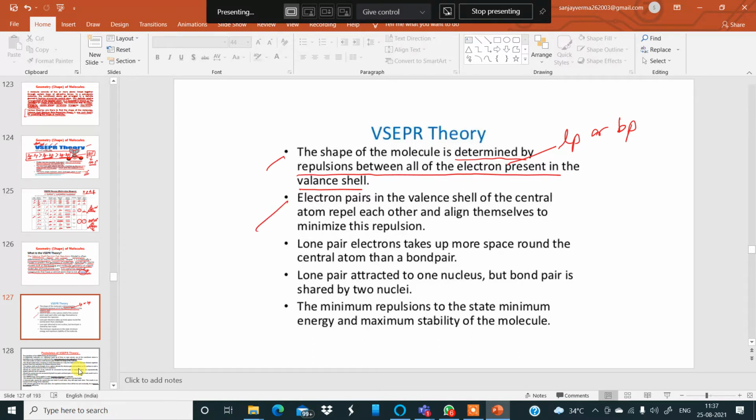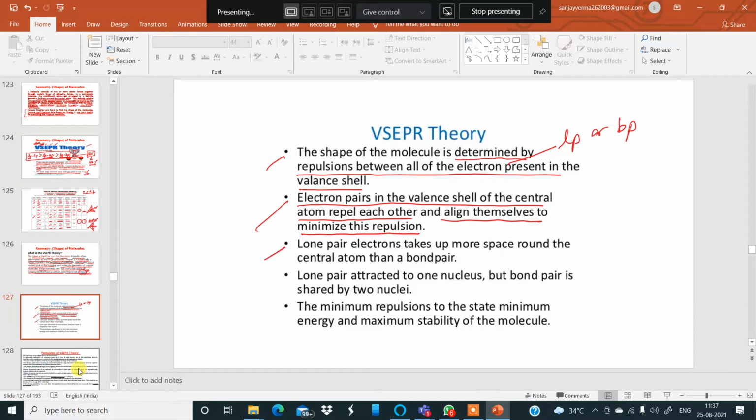The second postulate: electron pairs in the valence shell of the central atom repel each other and align themselves to minimize this repulsion. That means they try to stabilize themselves by pushing each other, and then they come to a point of maximum stability.